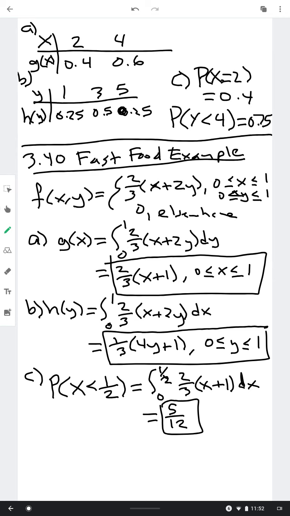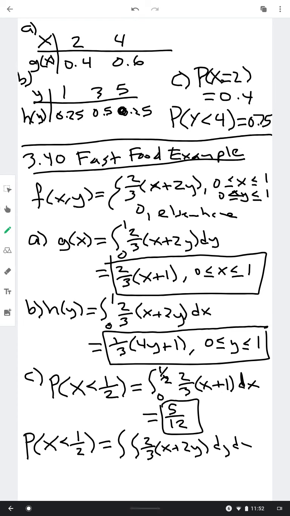5/12 is my answer. Now, I could have also done this problem a different way by using my joint distribution directly. I could have done this double integral over my joint. Here I'm going to do dy dx, or I could do dx dy, it doesn't matter.